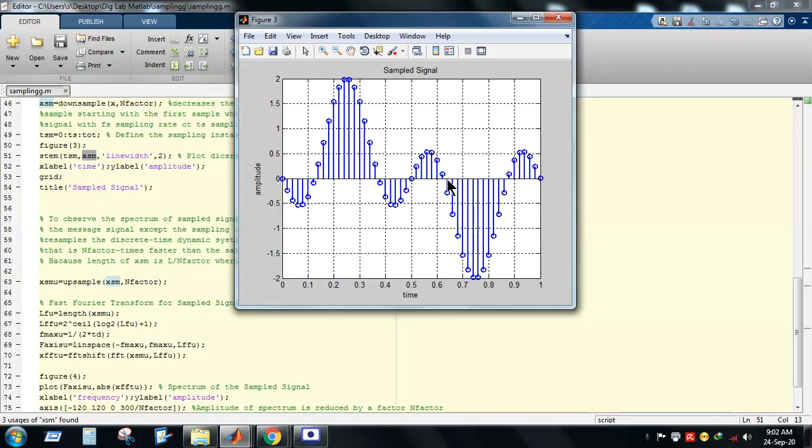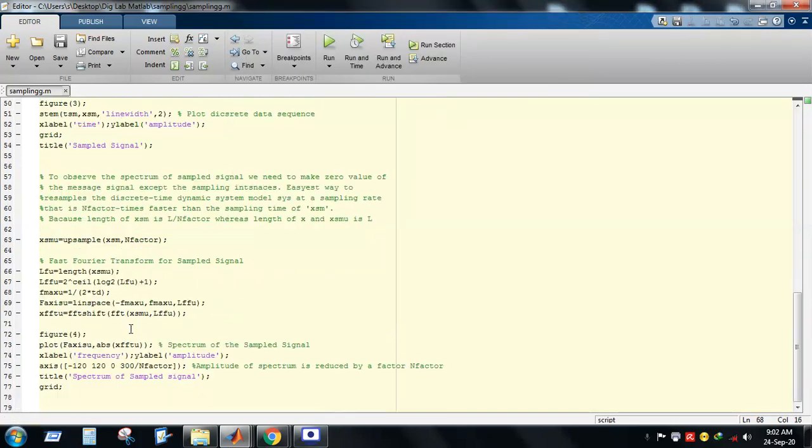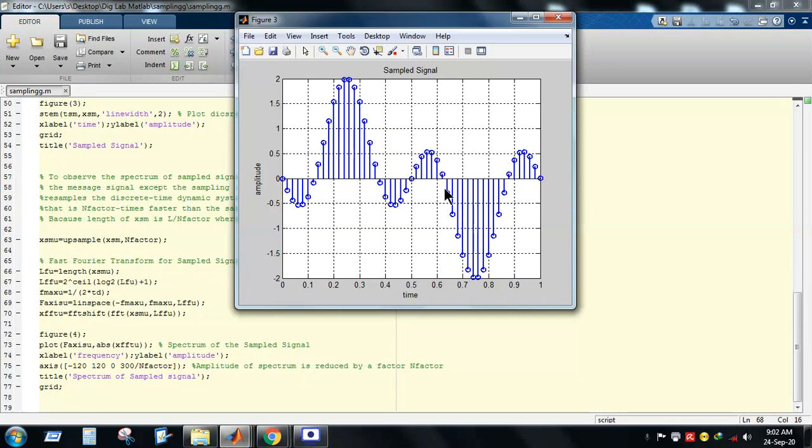So to get the spectrum of the sampled version, we need to make the value of the message signal zero except at the sampling instants. Here this one is the sampling instant, this one is the next, but in between them all the nine values are 0. So we have to make all those values 0.